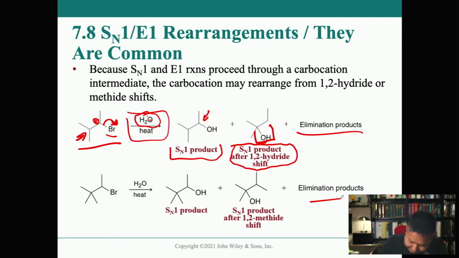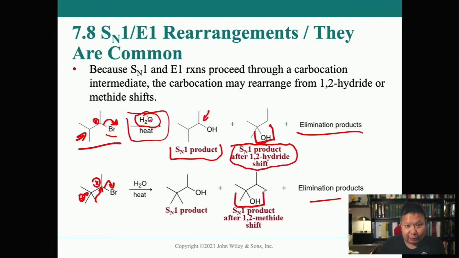This is again another hydride shift, or a methide shift this time, where the bromine leaves again, and you'll be left with a carbocation there. But to make it a more stabilized carbocation, this methide will shift over here, so that the carbocation ends up over here, and now it's a tertiary carbocation again, on this carbon right here, okay?